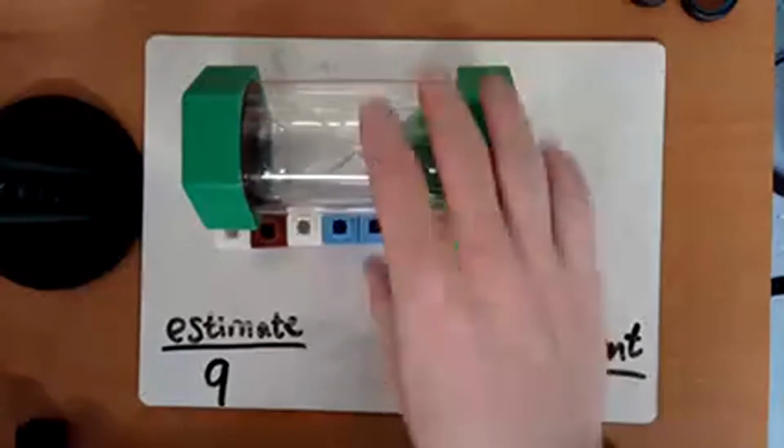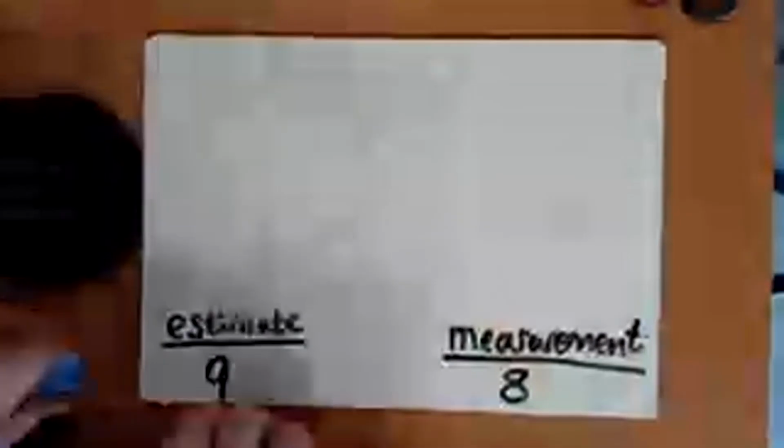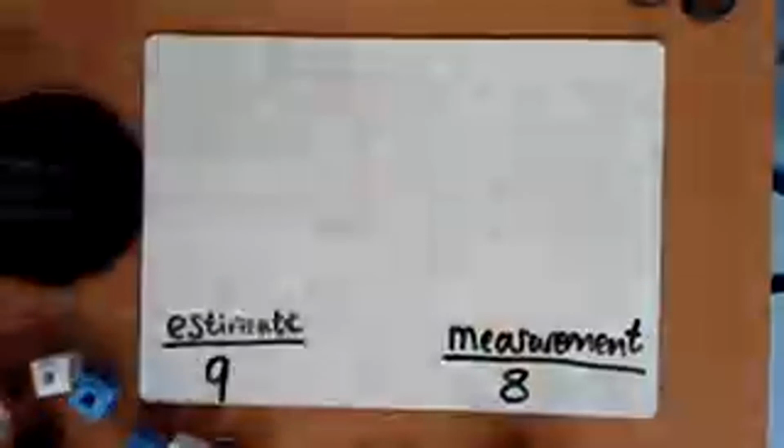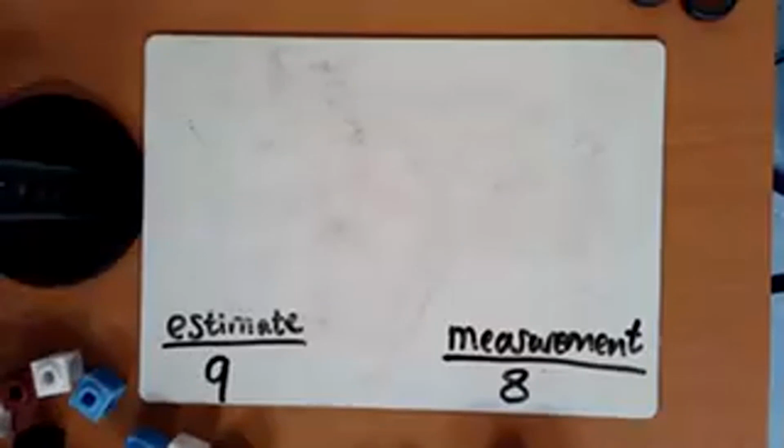I'm going to have a go at estimating and then measuring some of these objects here. I am going to do my estimations first and then measure them. If you'd like to do your estimations first, then you can, and then we can measure them together.